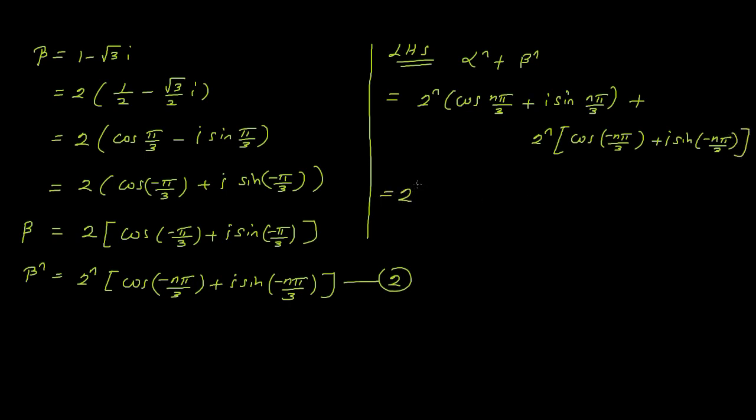I can take 2 to the power n common, and this is cos n pi by 3 plus iota sin n pi by 3.